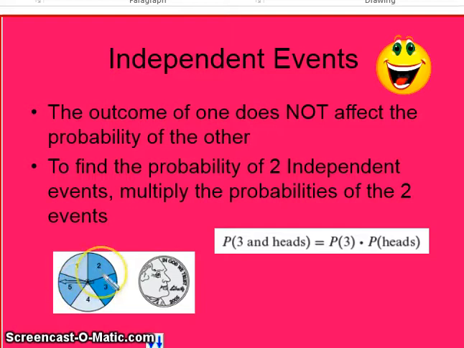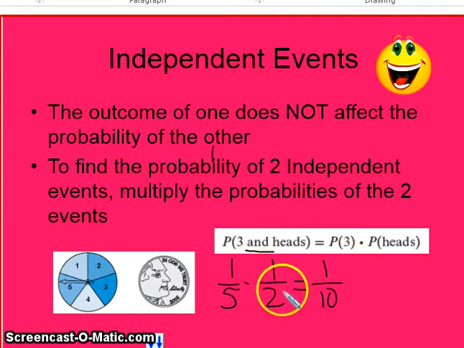The probability of spinning a 3 here would be 1 out of 5, and the probability of flipping heads on the coin would be 1 out of 2. So to find the probability of 3 and heads happening, we would multiply our probabilities and get 1 over 10. 1 times 1 is 1, 5 times 2 is 10.